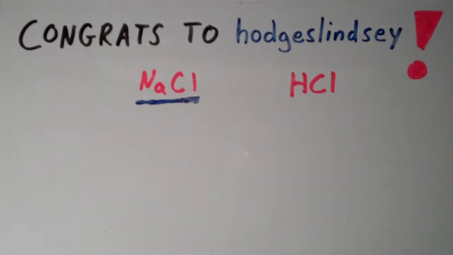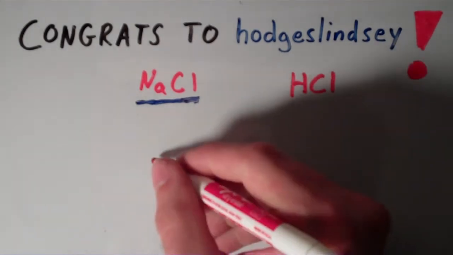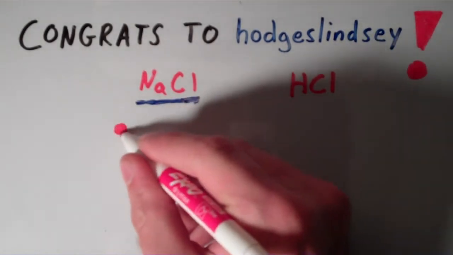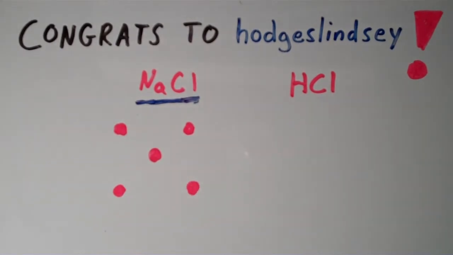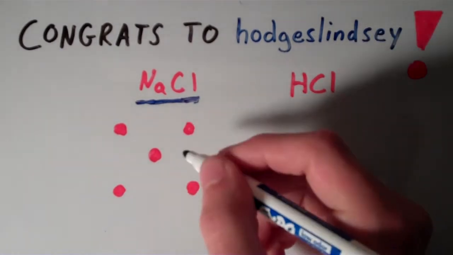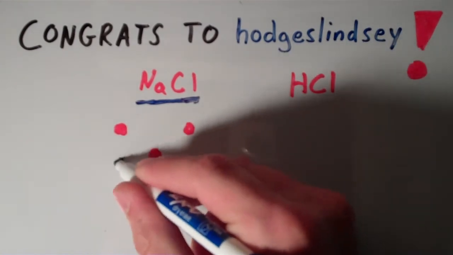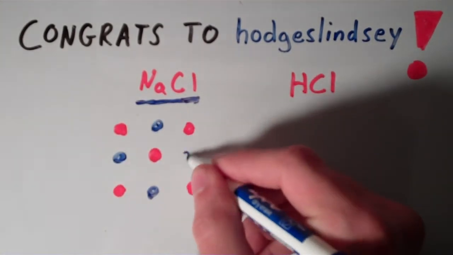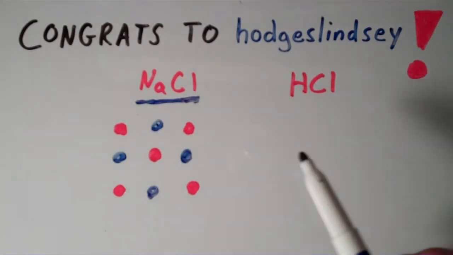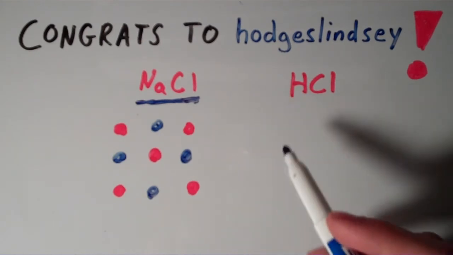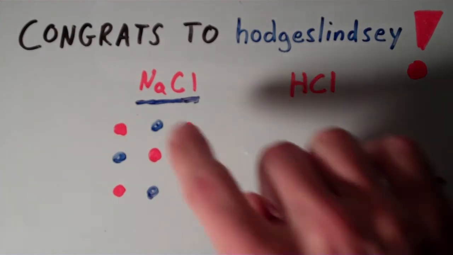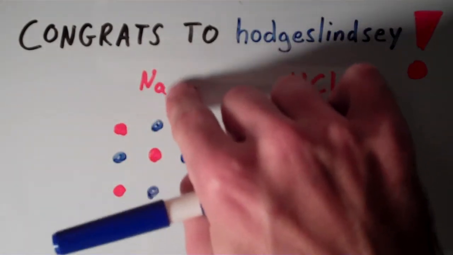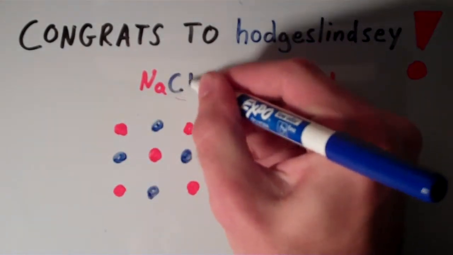I'll do NaCl first. So imagine that the red atoms are the sodium atoms, and the blue atoms are the chloride ions.